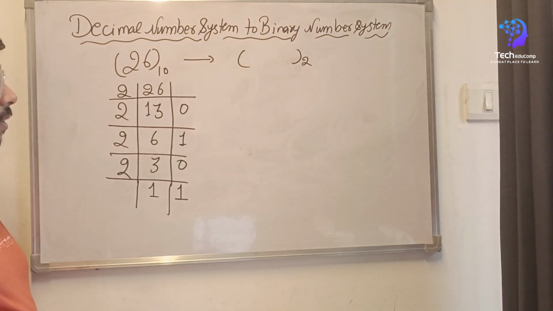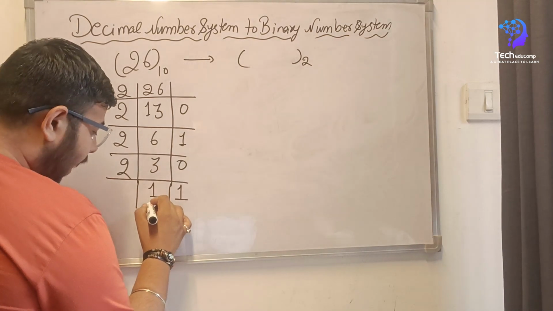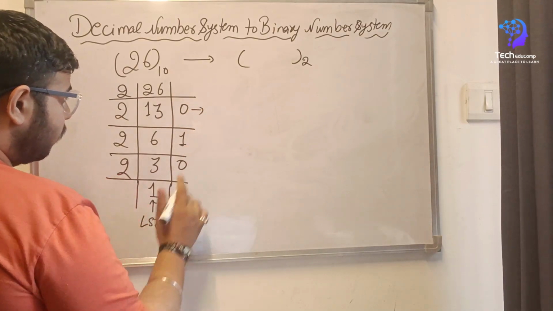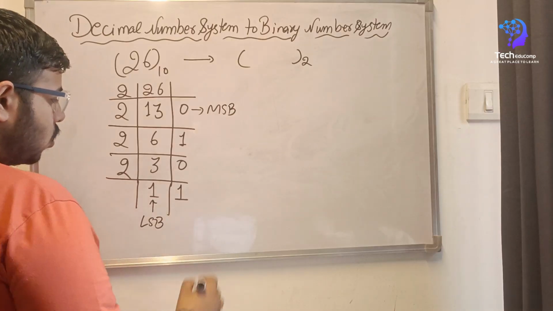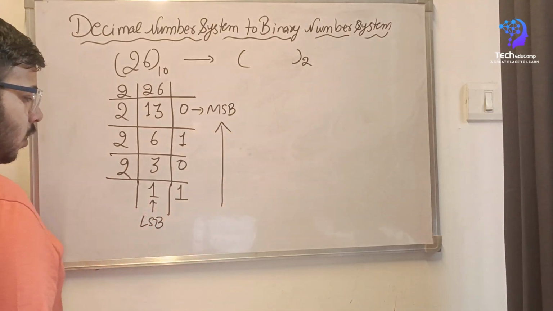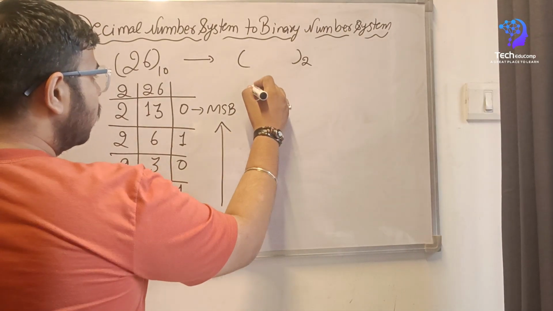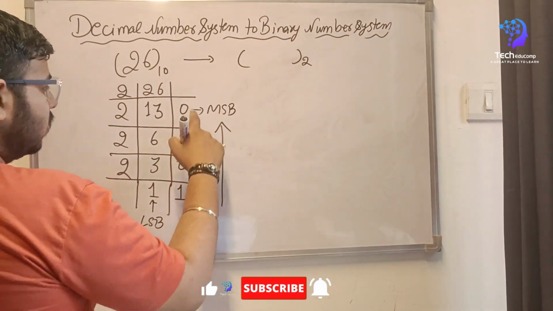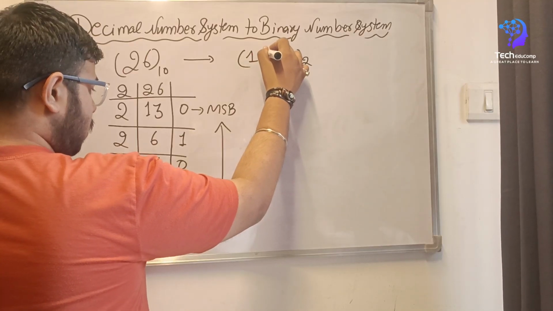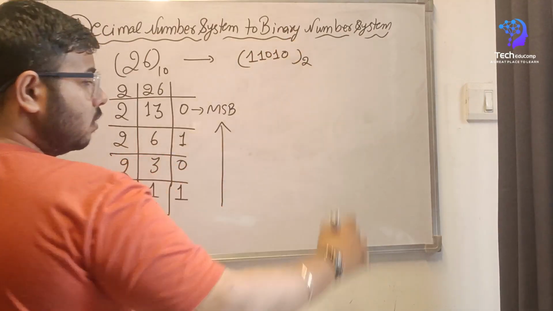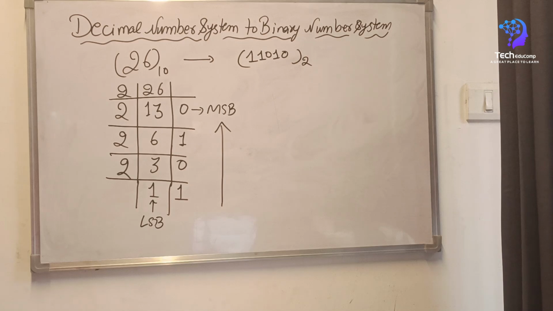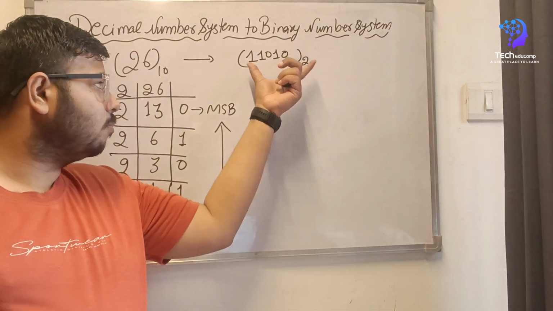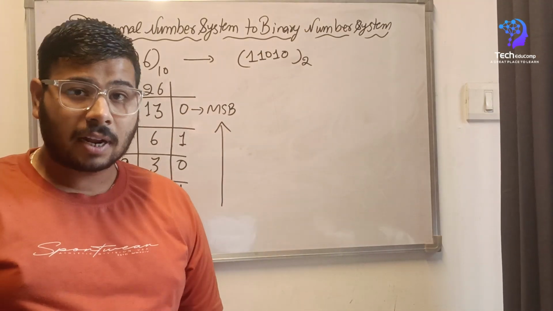My answer for 26 in binary will be 11010. This is how you can convert the decimal number 26 into binary. I hope that is clear to you.